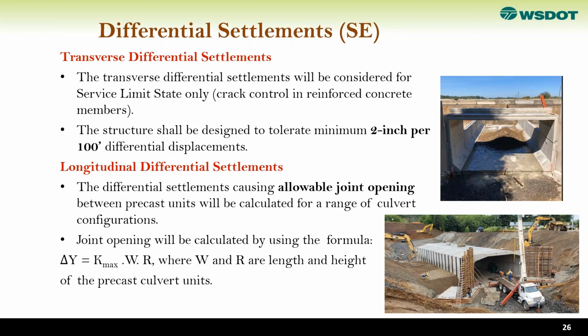We have 2 inches per 100-foot differential settlement that we are considering on the transverse direction, and on the longitudinal direction it is based on the joint opening, as I mentioned earlier. That's based on the width of the culvert and length of the segment and so on, and that settlement is sized to the allowable joint opening.